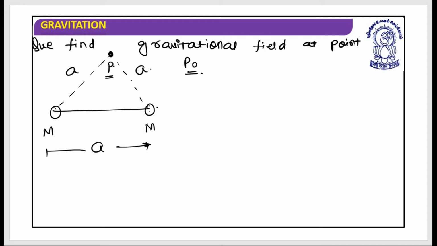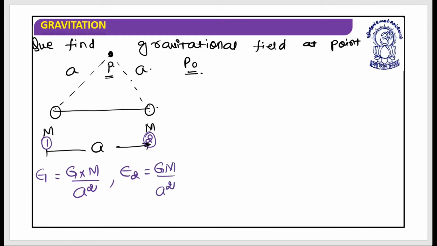First I need to write down the magnitudes. This is first, this is second. Write down the magnitude of the gravitational field due to the first mass. It's G into m divided by a square. In the same way write down E2 as well. It's again G into m divided by a square.